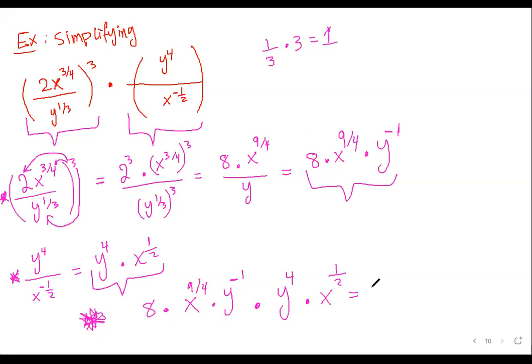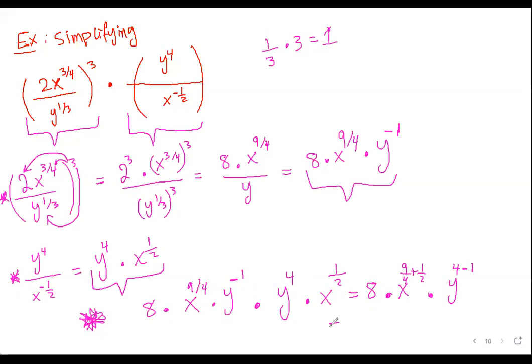This means I can do summation for the exponent. 8 times x to the power 9 over 4 plus 1/2, right? Because they have the same base, times y to the 4 minus 1, or minus 1 plus 4, doesn't matter.